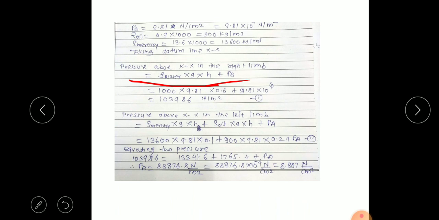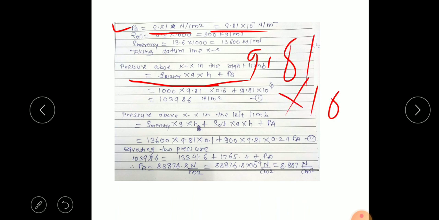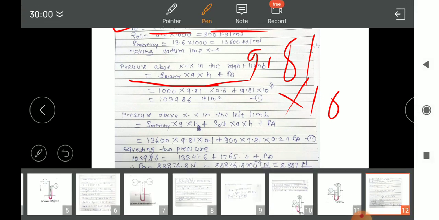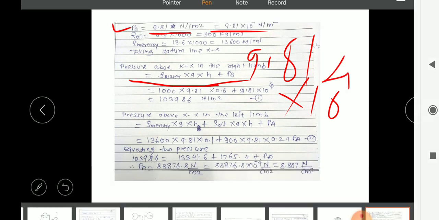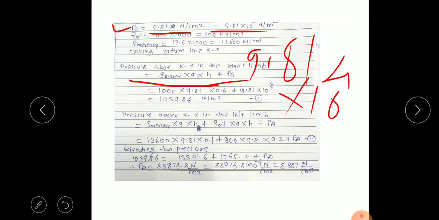The air pressure at point B is 9.81 Newton per centimeter square. We can convert this into meter square: 9.81 into 10 raised to minus 4 in the denominator, so in meters it becomes 9.81 into 10 raised to 4 Newton per meter square.